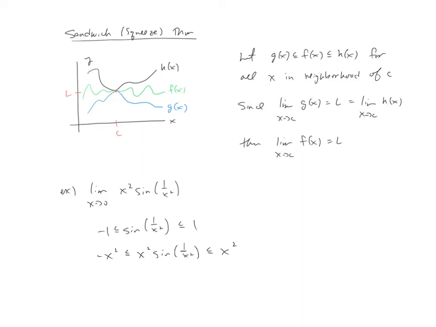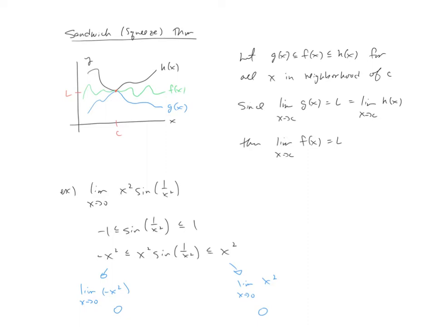Now I've got my function that I'm interested in studying there in the middle. So off to the side, if I look at the limit as x goes to 0 of negative x squared, and the limit as x goes to 0 of positive x squared, I can see that both of those would be 0.